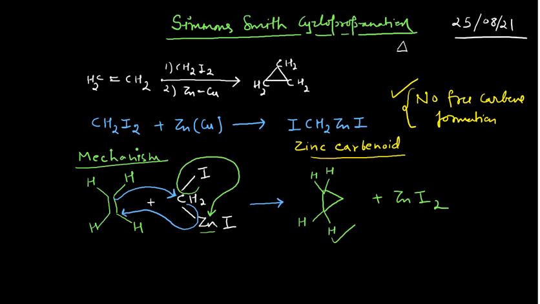So, if you want to show how we can draw the transition state for this one, the transition state is very easy to draw. I am drawing this transition state here.